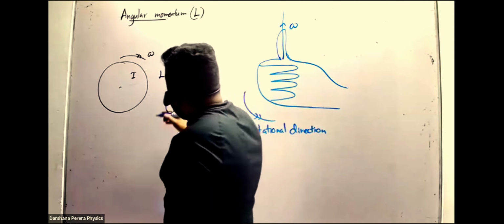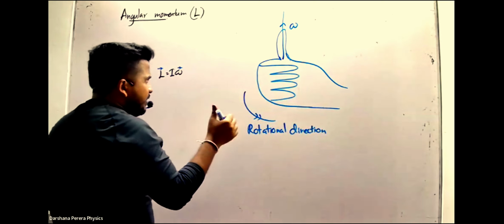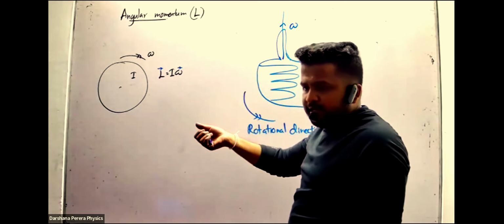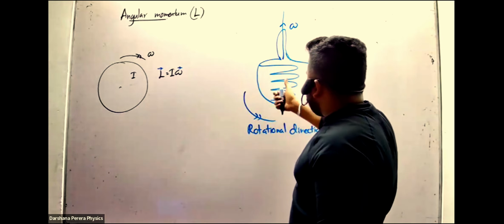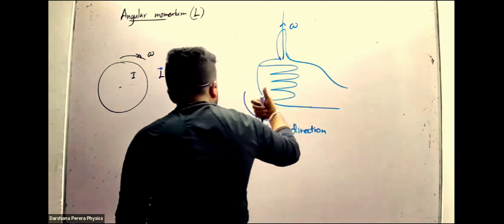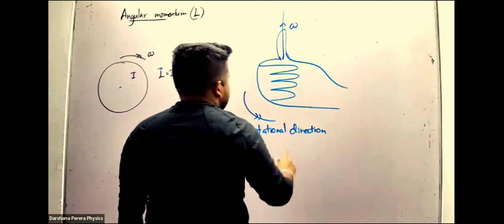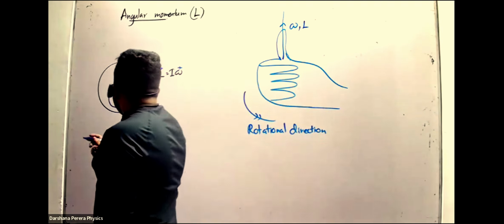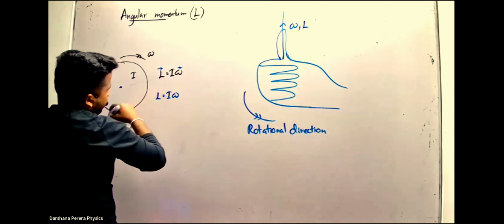Therefore, omega is a vector, and L is also a vector. Omega and L are in the upper direction. Therefore, L equals I omega, with the four fingers in the rotational direction, omega and L are in this direction.